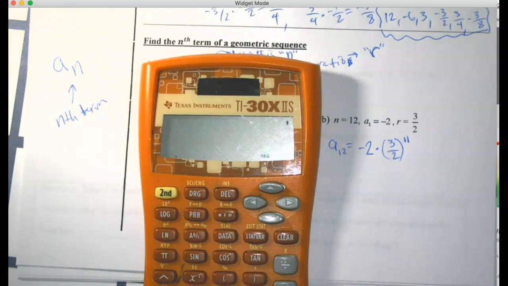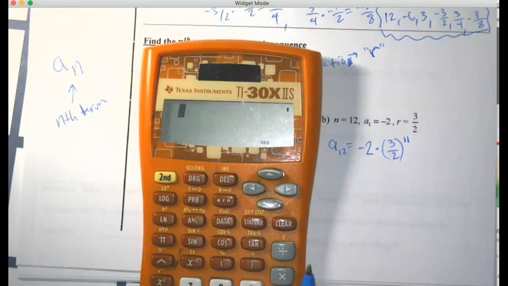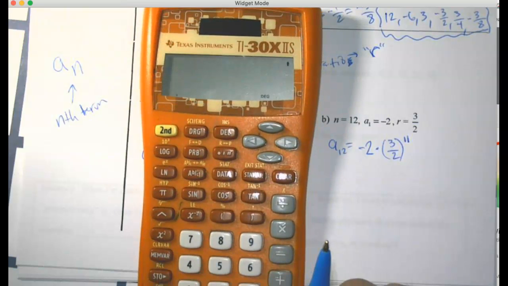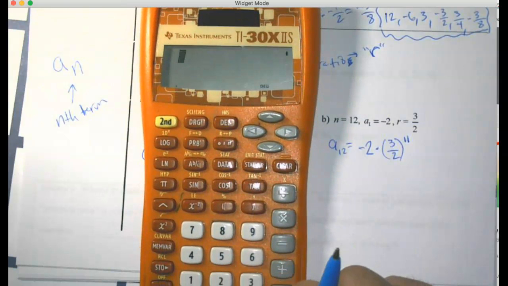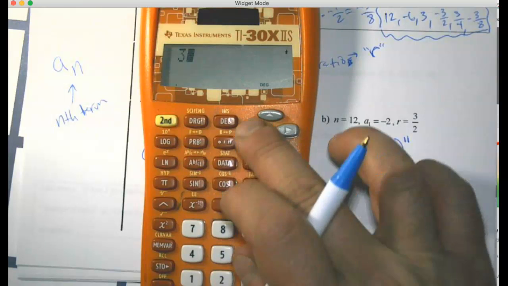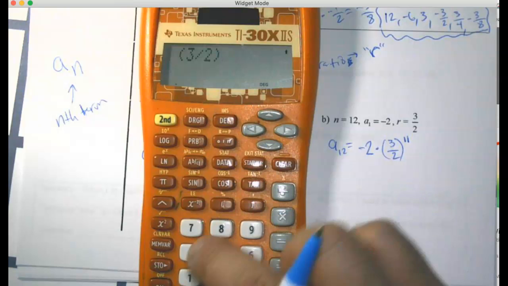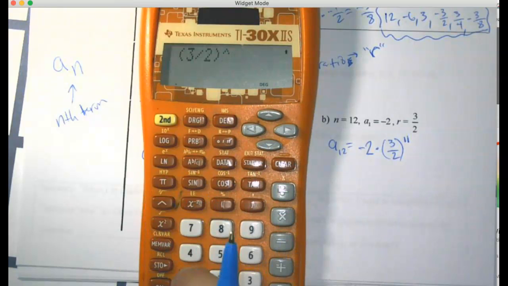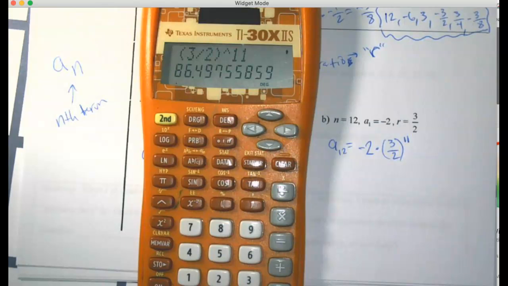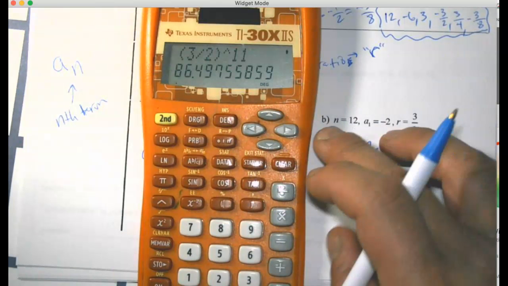So one way you could do it on your calculator is, like on this one, I can press 3 divided by 2. In fact, I need to put parentheses, 3 divided by 2. I can raise that to the 11th power and get 86.4975.